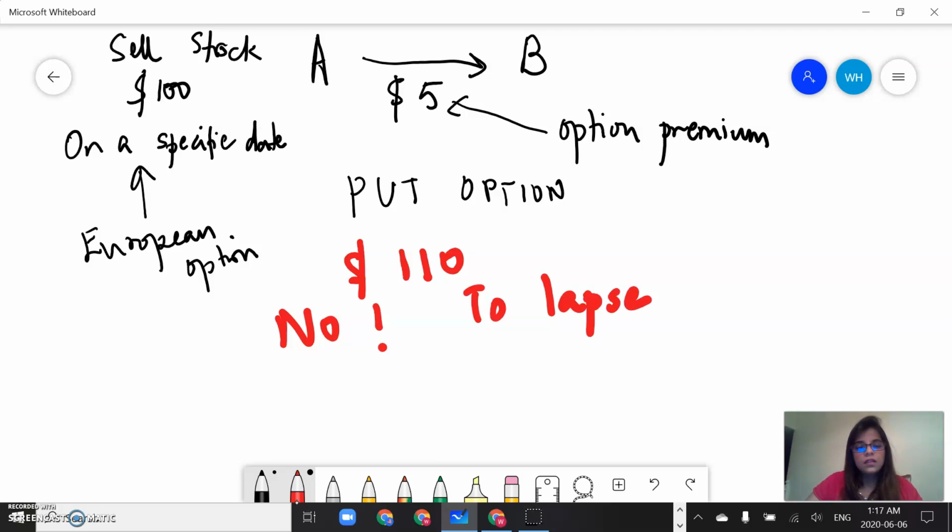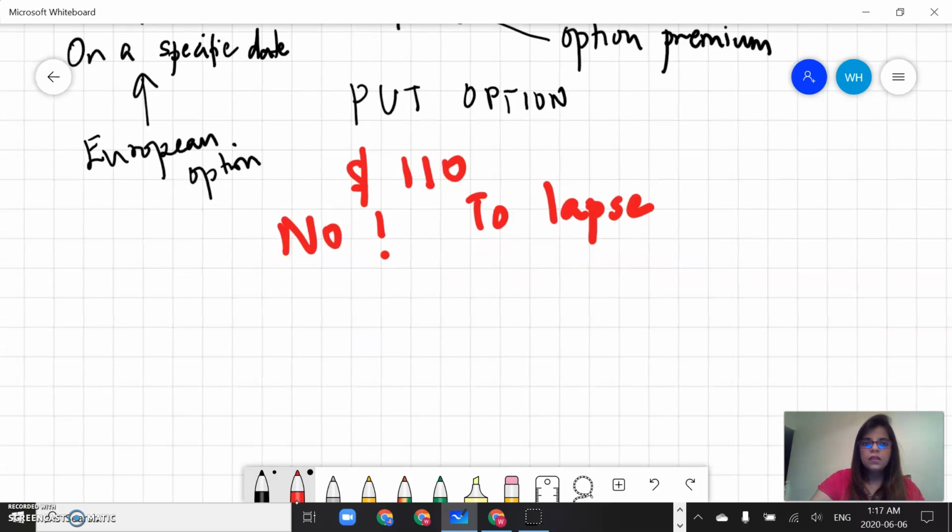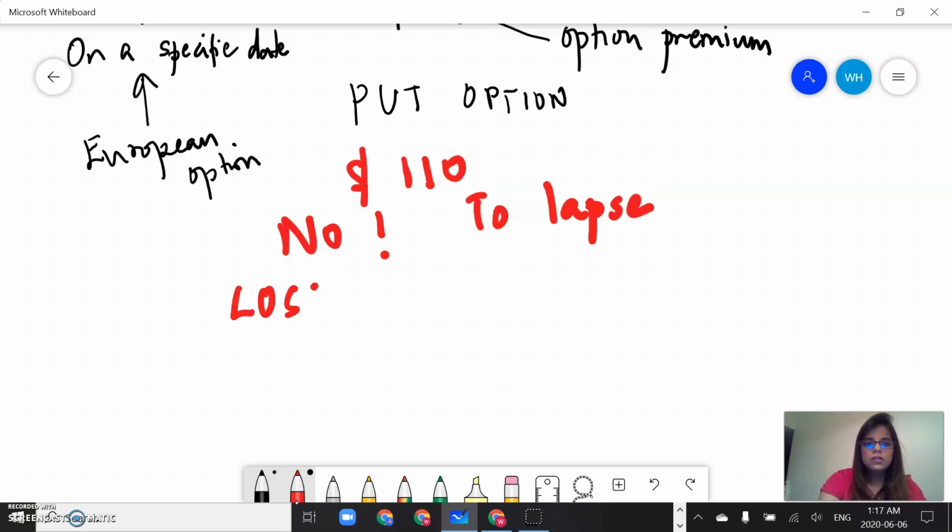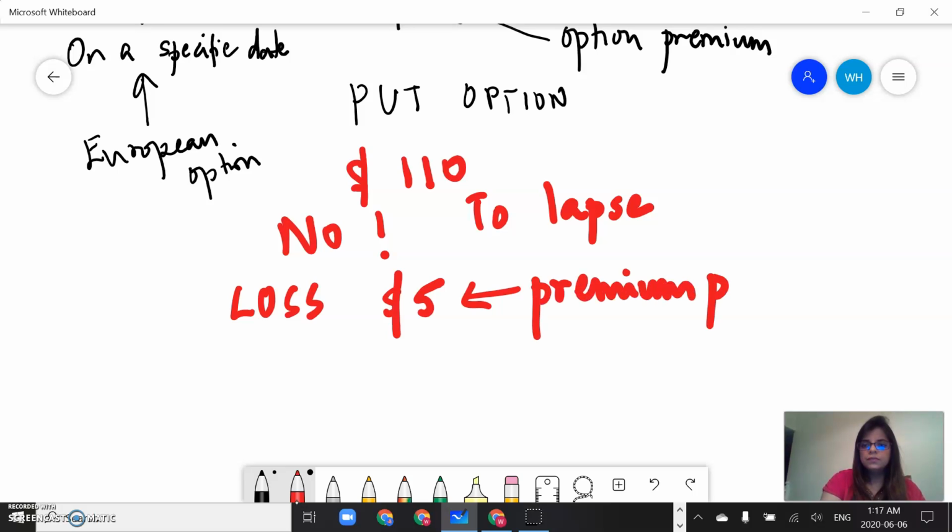Instead of selling the stock to B for $100, A can go ahead and sell the stock in the market for $110. So if the stock is trading at $110 on the specified date, A will have a loss of $5, which is the premium he paid to purchase the option.